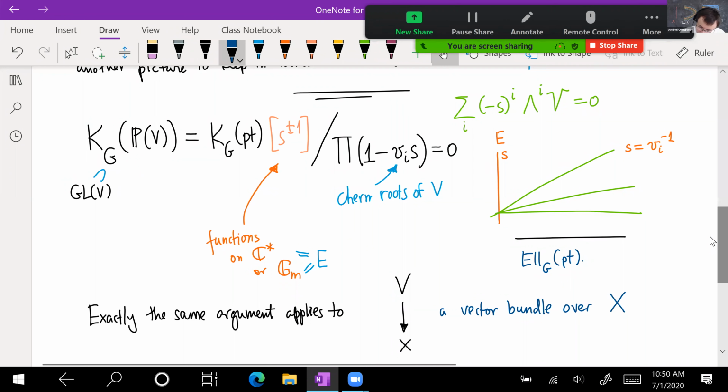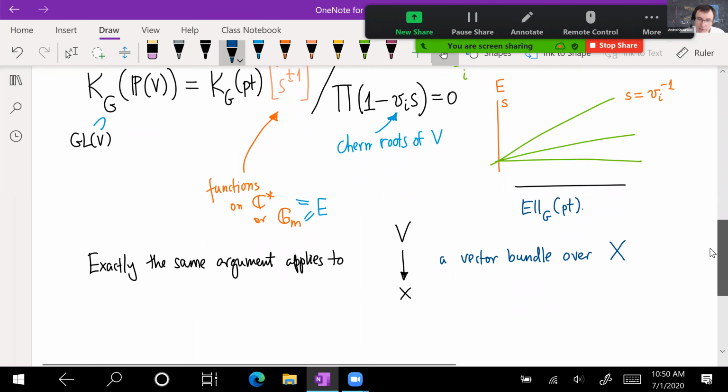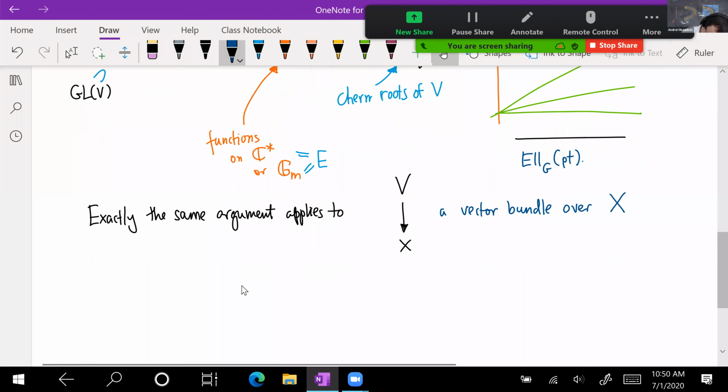For example, a crucial point of this computation, when we were computing the K theory of projective space, we had to take the K theory of X, and then there was this map. We had G cross GL1, since P of V is a quotient by GL1, and this is where that variable S lives.